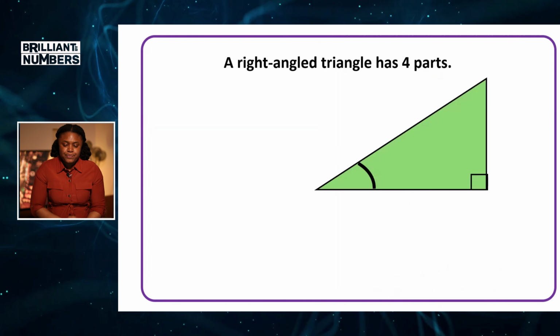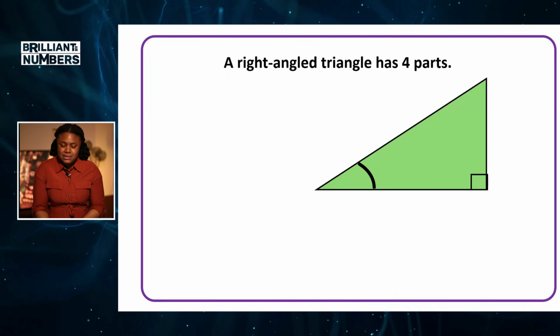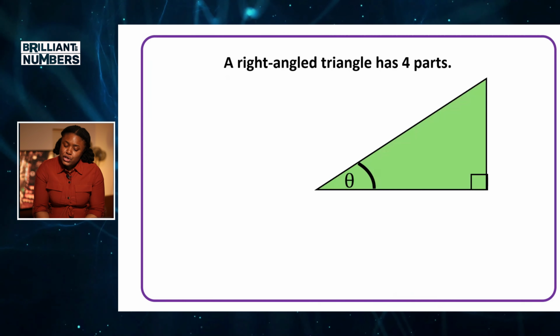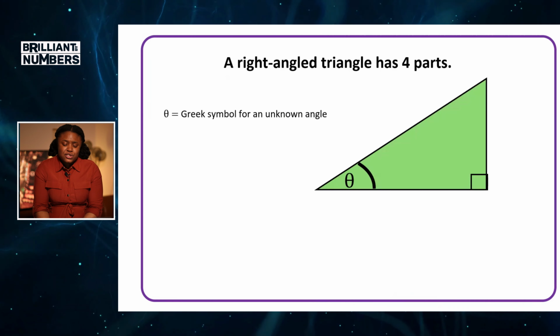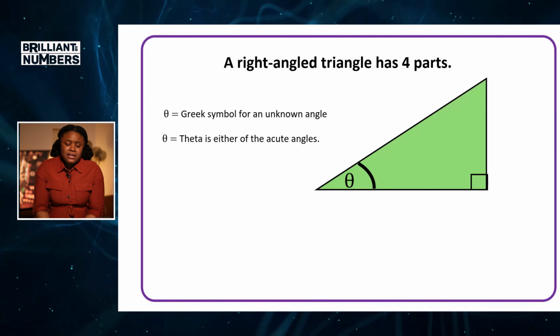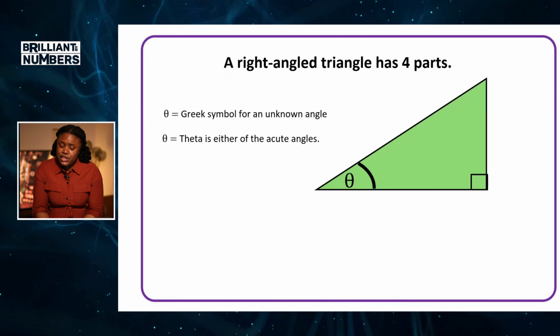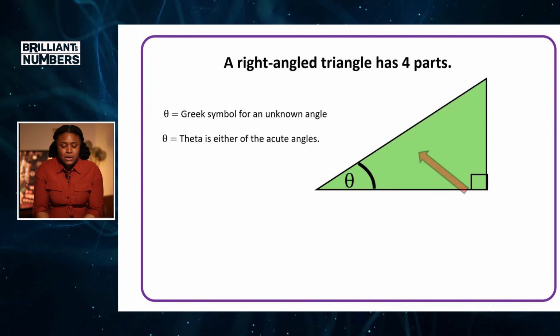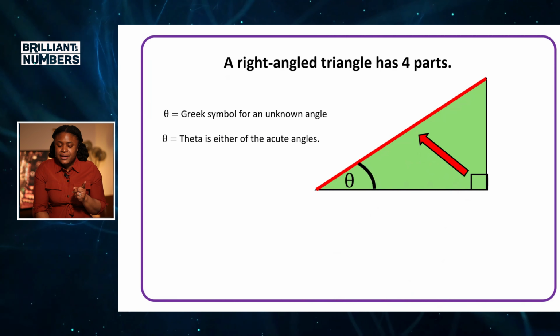So on we go. Before we get on, just a quick reminder of the parts of our right angle triangle. We know we have theta, the unknown angle, a Greek symbol used to represent that. It could be either of the acute angles that we're referring to. We looked at our hypotenuse, which is the longest side.